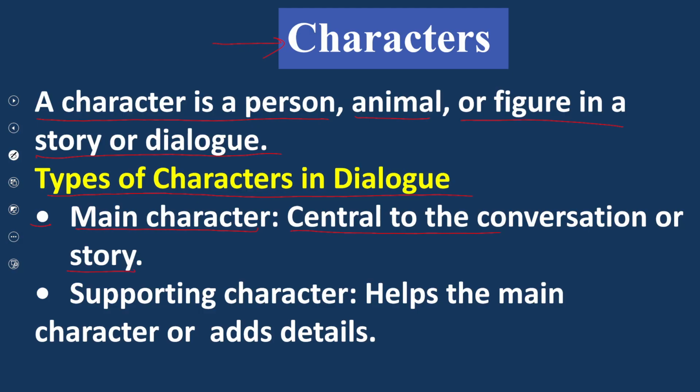If the whole discussion is moving around a character, that character is called the main character. The other type is the supporting character, which helps the main character or adds detail. So these are basically the two types of characters in dialogues.